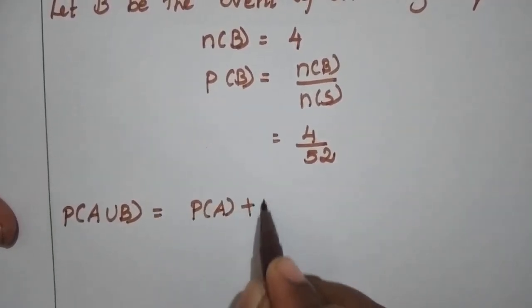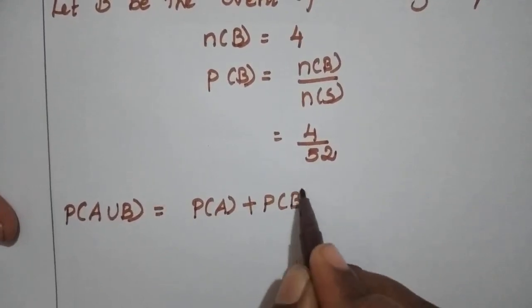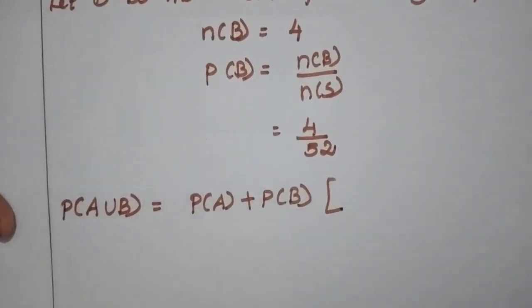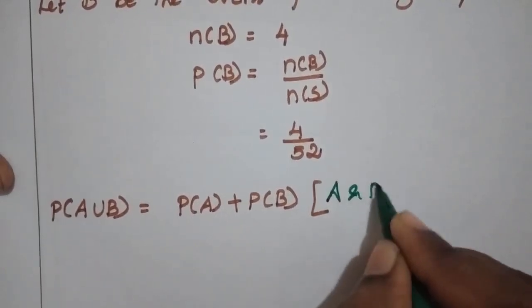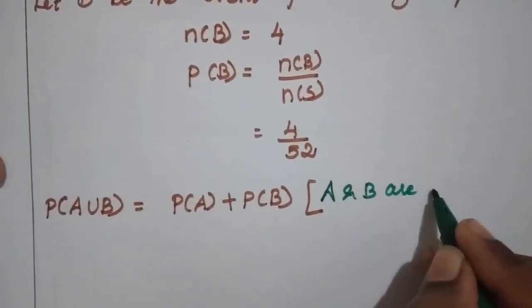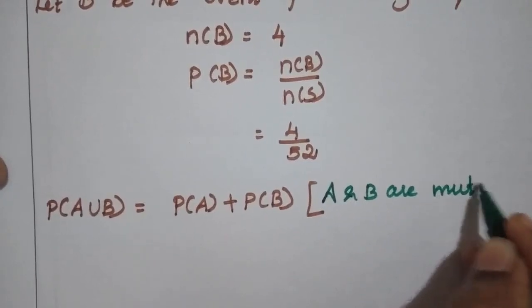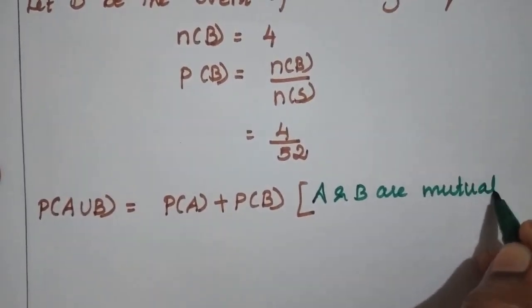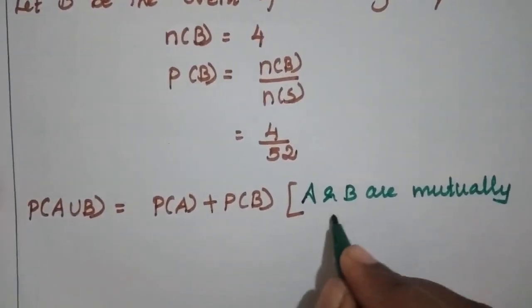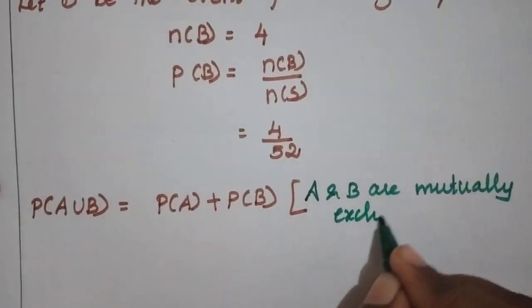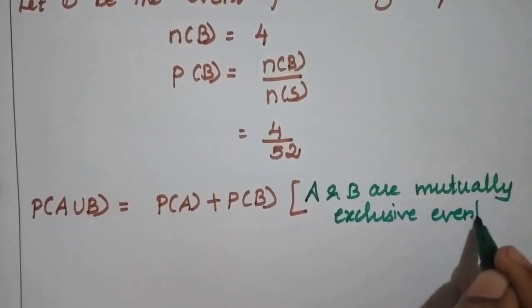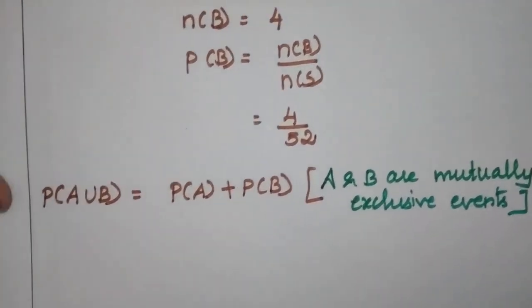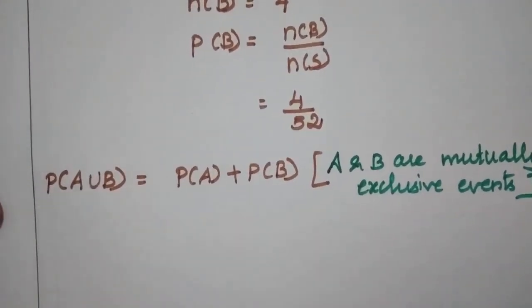So P of A union B is equal to, what's the formula? It's P of A plus P of B, because these two events A and B are mutually exclusive events. So now we can substitute the values here.